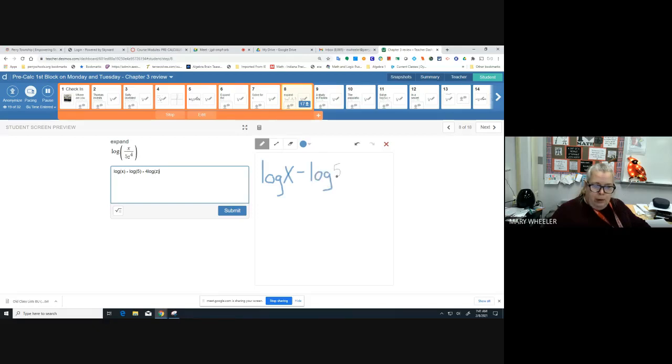And you can put parentheses around those if you want to. It's not necessary. Minus 4 log z. And as I said, a lot of people got that one right. So I am very happy.